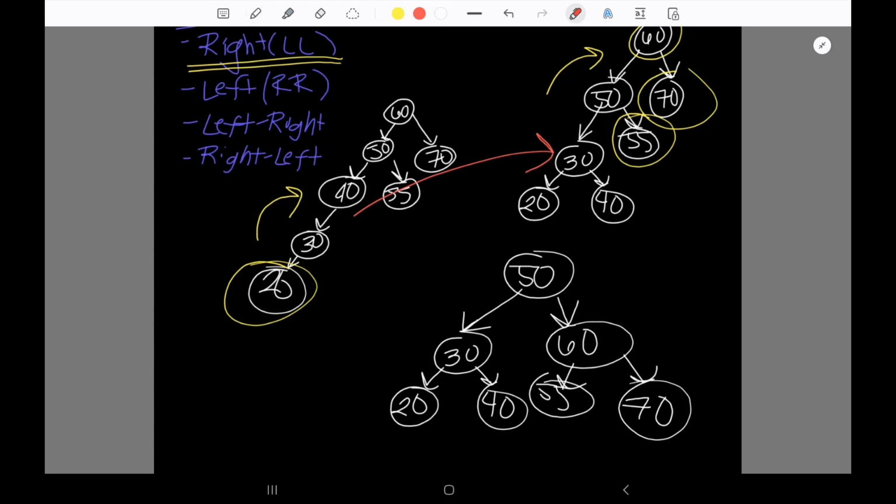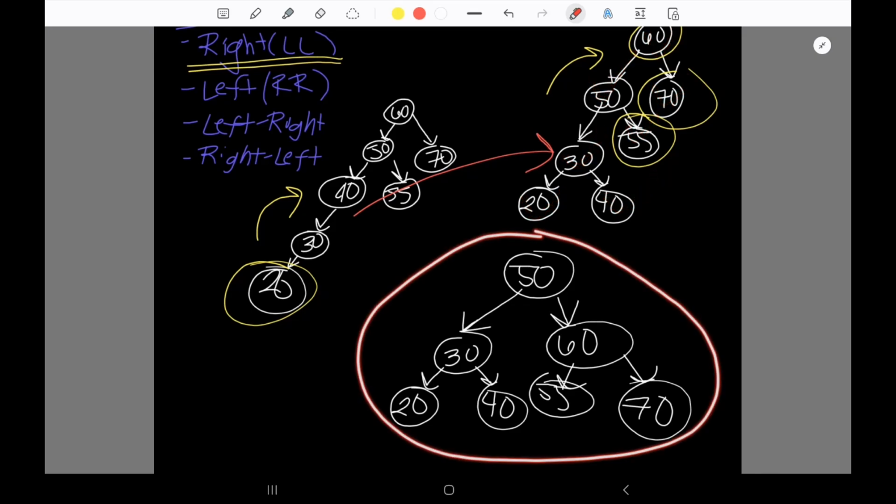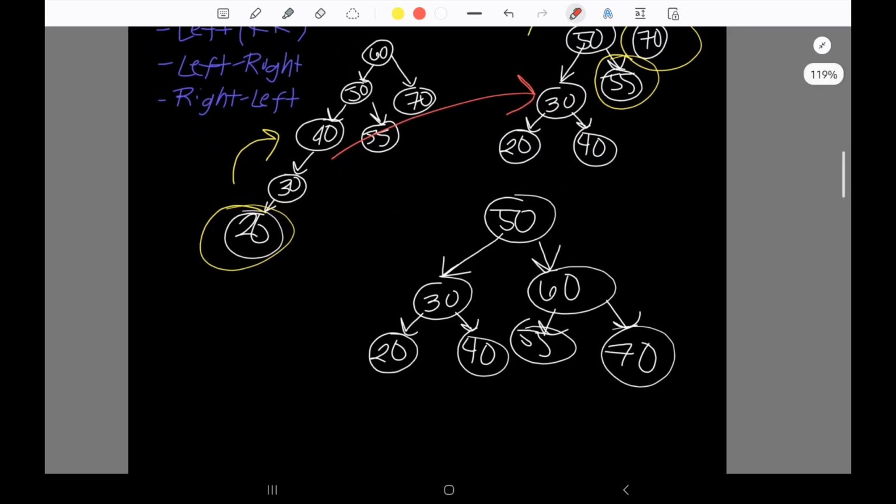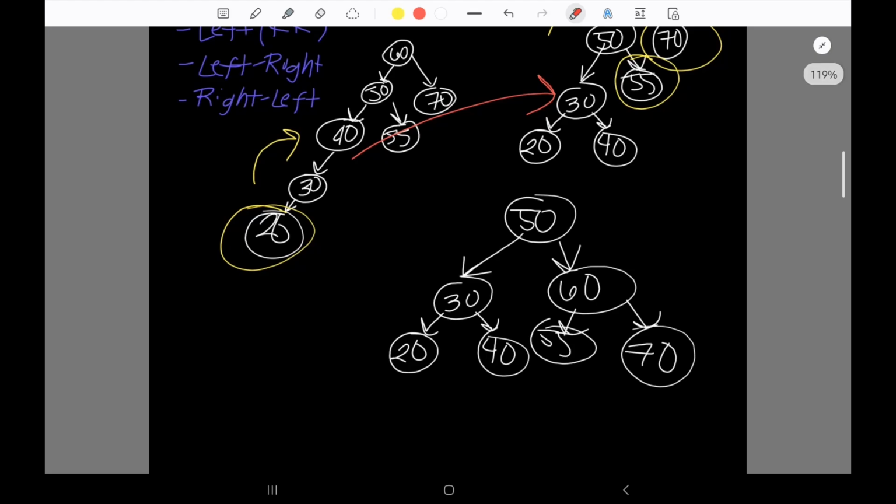Let's check. So 40, 20, 30, 50, 60, 70, 55. So it's complete. And let's check if it's balanced. So first, start from here. The leaf is 0. 0, 0, 0. And how about 30? 1 minus 1, 0. 1 minus 1, 0.